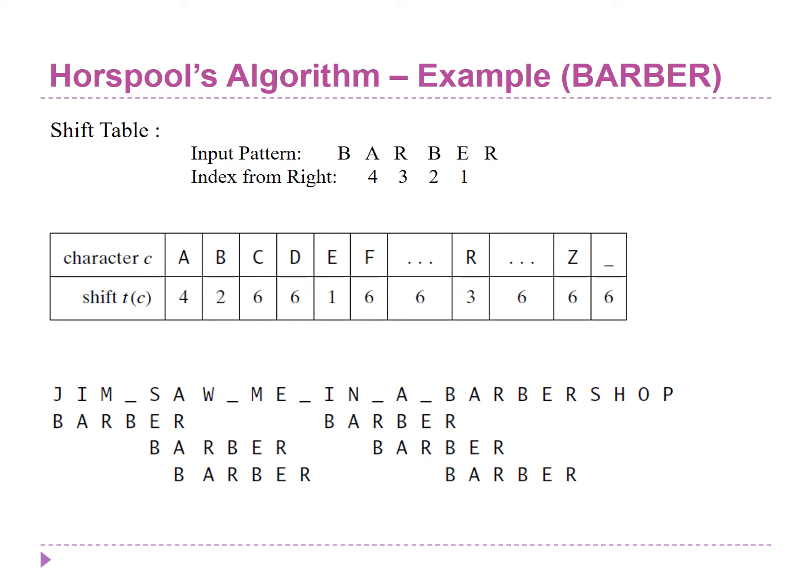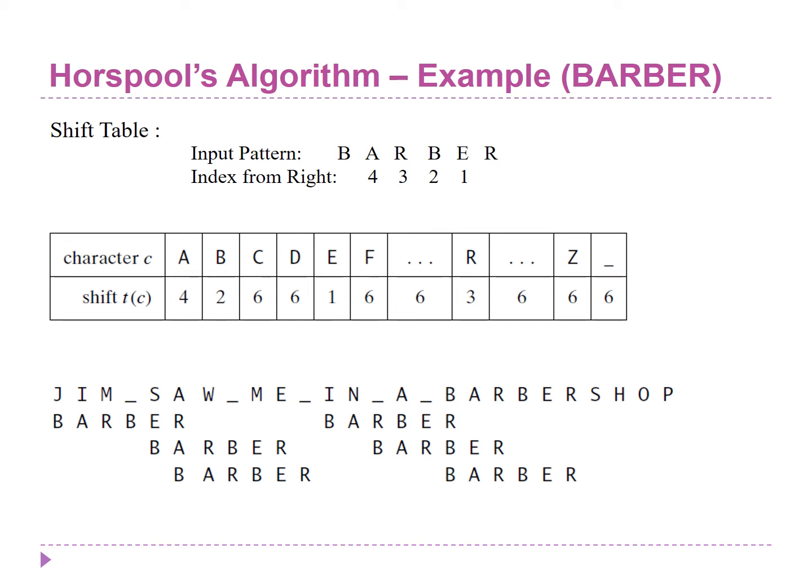Now, the last character in the input pattern R aligns with E in the text. The shift of E in the shift table is equal to 1, hence the input pattern is shifted 1 position to the right. Now, the last character R is matched with space in the text.